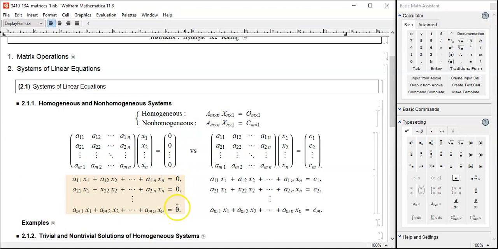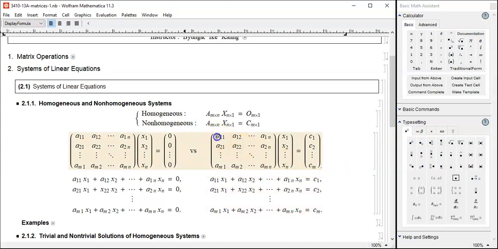The right-hand side is all 0, no constant. That's homogeneous. And if not everything is 0, that's non-homogeneous. A little bit more general case. And please note that these systems of linear equations can be simplified into this matrix multiplication form.